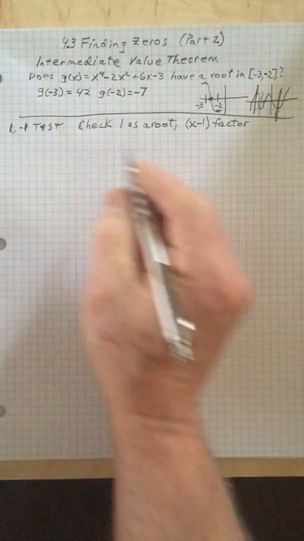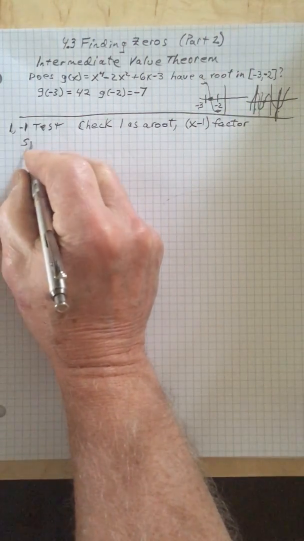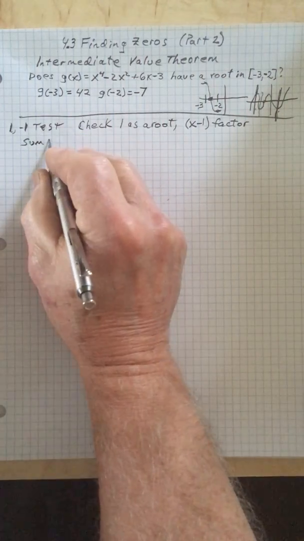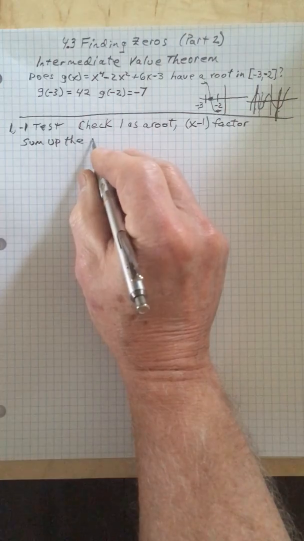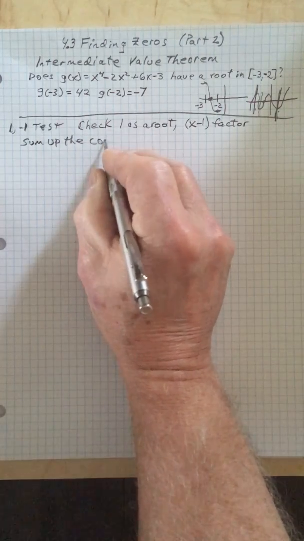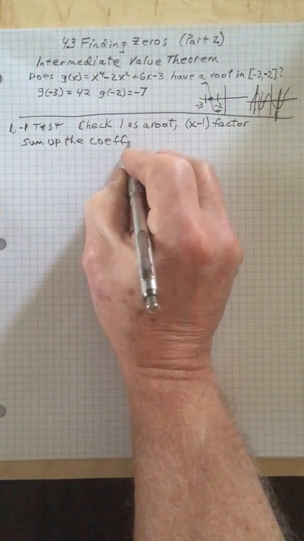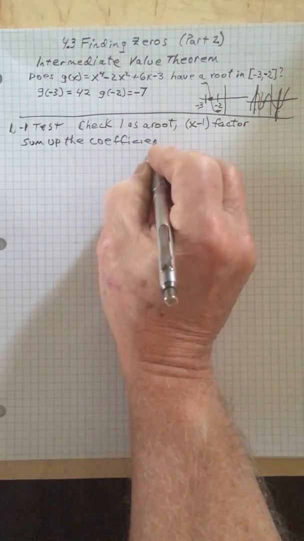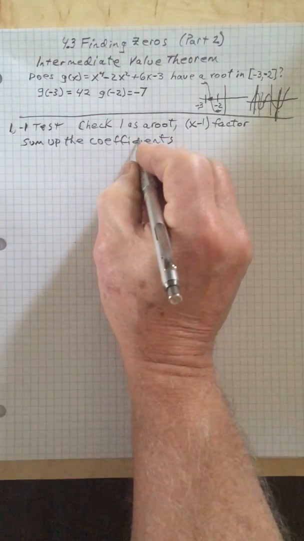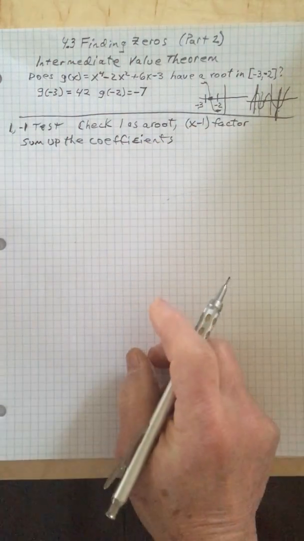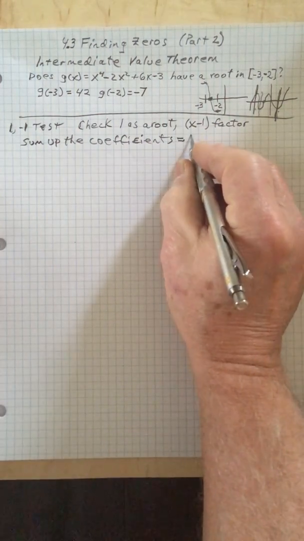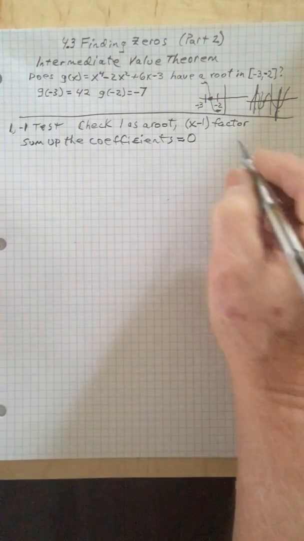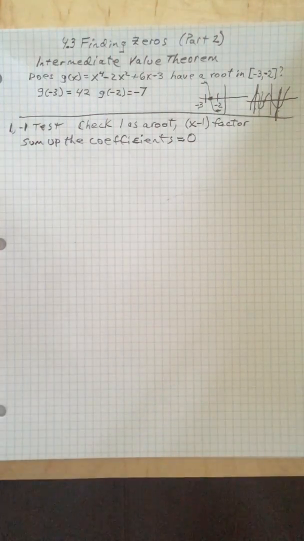Okay, so what's the test? Very simple. You sum up the coefficients. If they add up to 0, then 1 is a root.